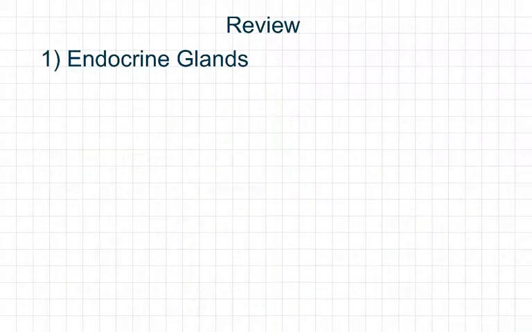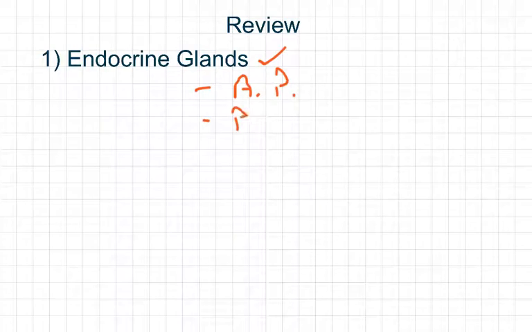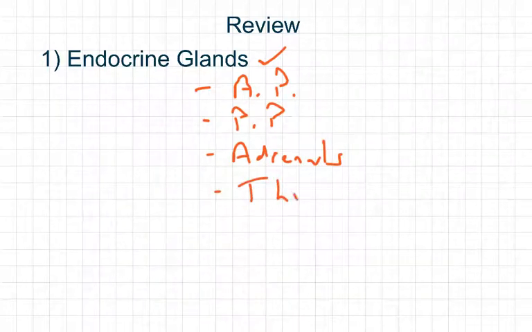So before we get into our main topic, let's review what we've covered so far in this chapter. First, we have discussed the 7 major endocrine glands in the human body. And as a quick review, some of those were the anterior pituitary gland, the posterior pituitary gland, the adrenals, the thyroid.